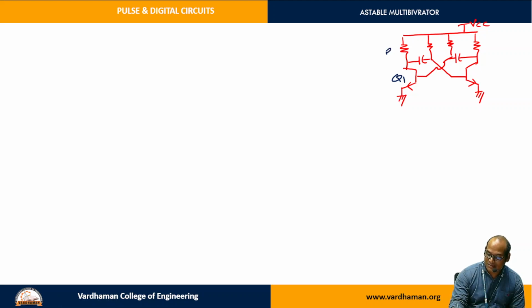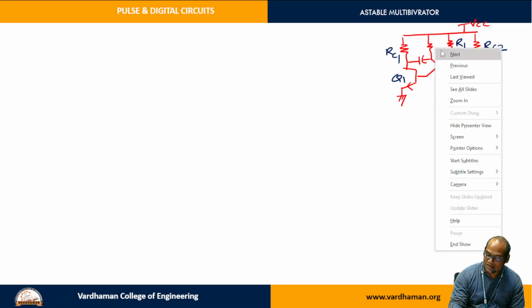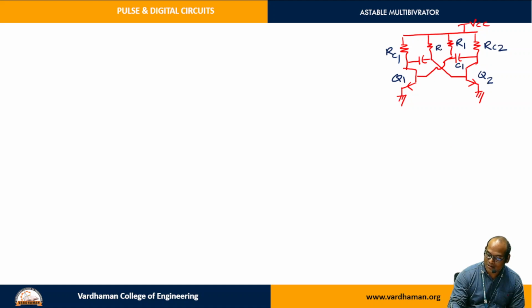This resistor is connected to the collector of Q1, that's why it is RC1, and this resistor and capacitor are connected to the base of Q1, that's why this is R1 C1. This transistor is Q2, so this resistor is RC2 since it is connected to the collector, and this resistor is R2 and this capacitor is C2 since these two are connected at the base of Q2. So in this way we have the astable multivibrator circuit.